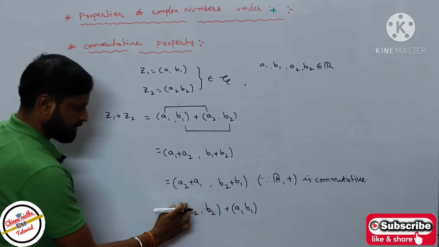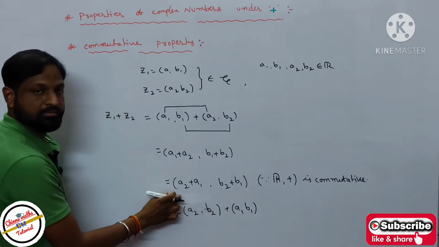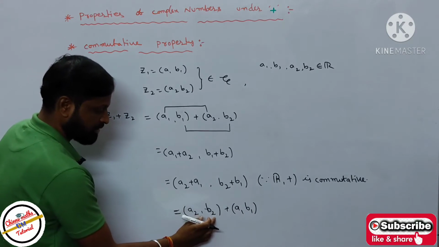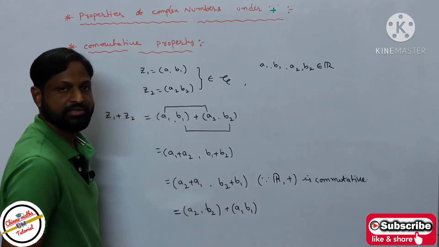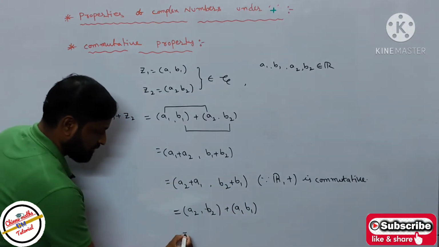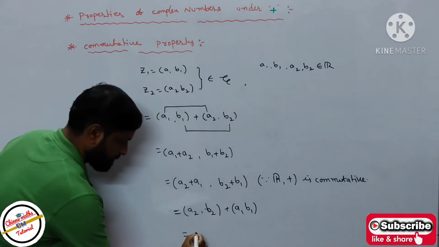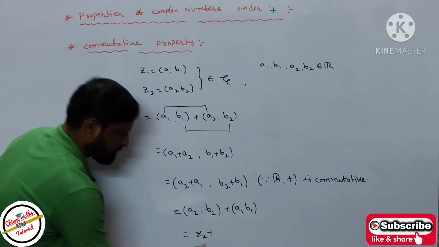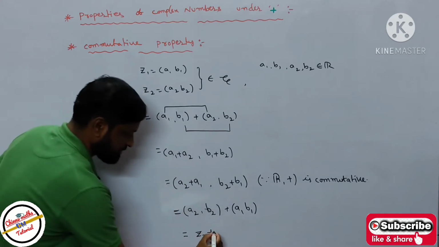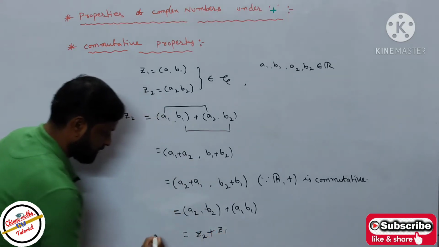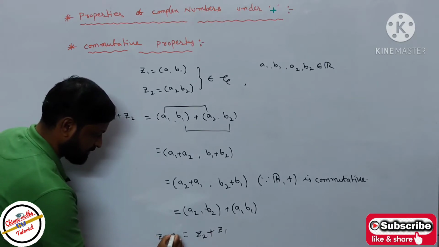If you add a2 plus a1, and next add the imaginary parts b2 plus b1, you will get the same result. So it is equal to (a2, b2), which is z2, plus (a1, b1), which is z1. So it is equivalent to z2 plus z1.